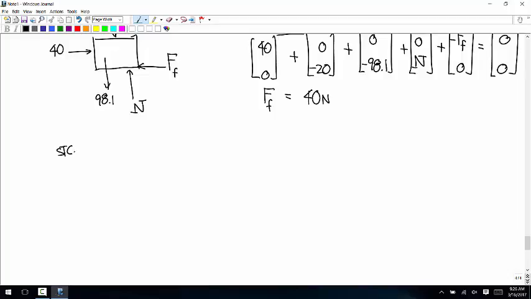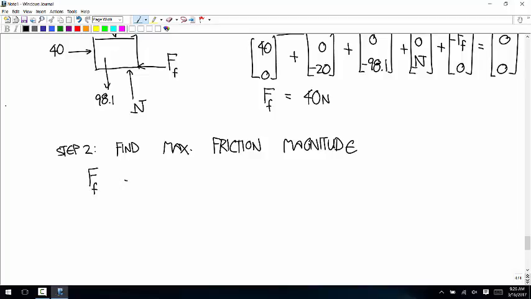Step 2, find the maximum friction magnitude. We're going to use this equation that says the force of friction is less than or equal to, or let me say, the maximum is equal to the coefficient of friction times the normal force.